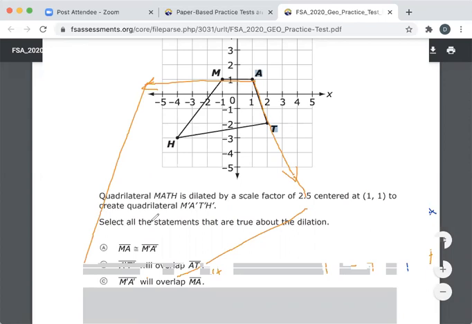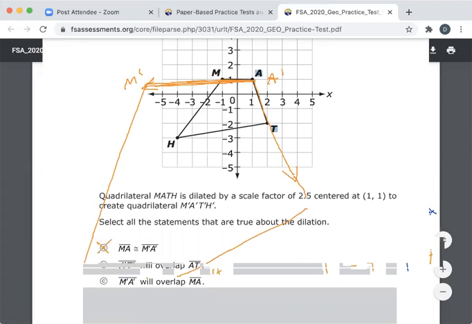So for A, the measure of MA is the same as the measure of the new MA. And the new one is the dilated one with the little apostrophes. So this is the new MA. Those two are not the same as the original one, so that is not correct.